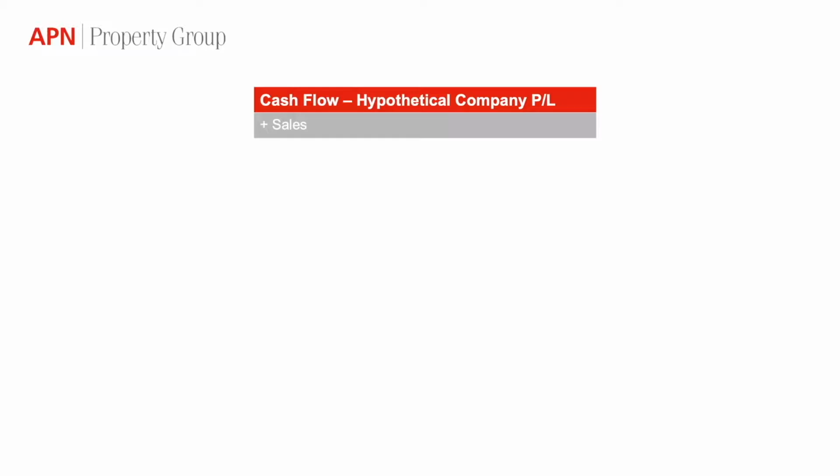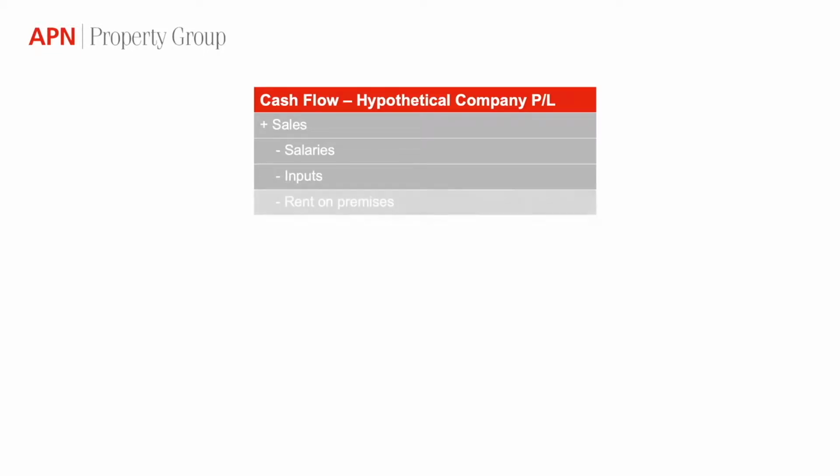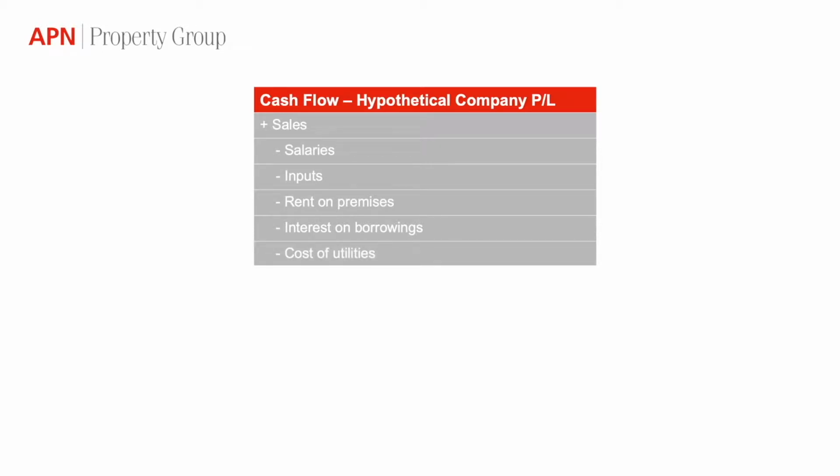And from that positive cash flow comes the various deductions that you as a business must make. That can include salaries, various inputs to your business, the rent on your premises, payments on bonds or borrowings from lenders, and the cost of your utilities like gas and electricity and so on.